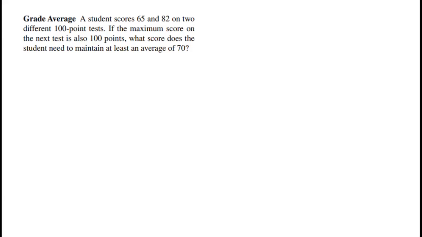Okay, so hopefully you remember how to calculate the average, right? We add up all our scores and then divide by the number of scores we have. Okay, so in this case we got a 65 and we also got an 82 on the first two.